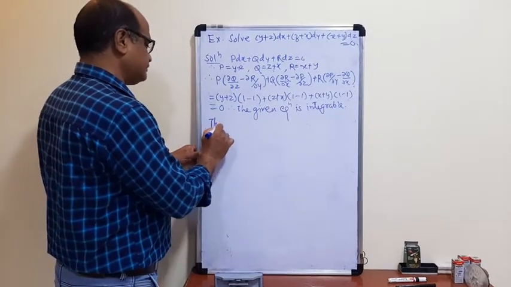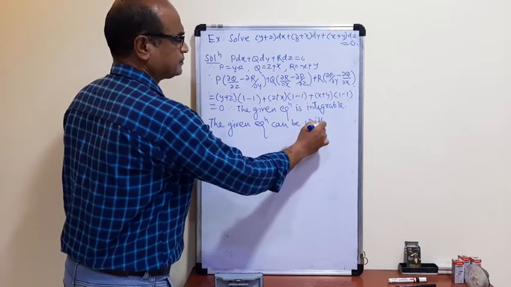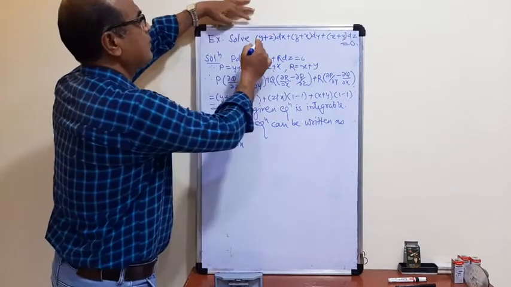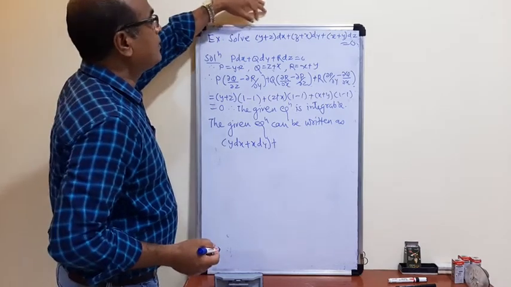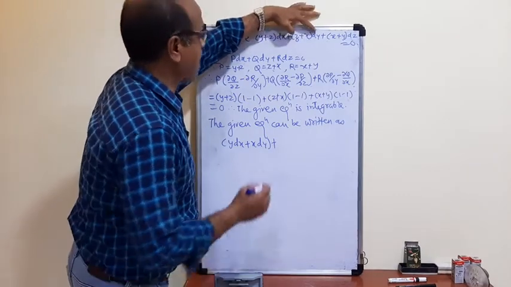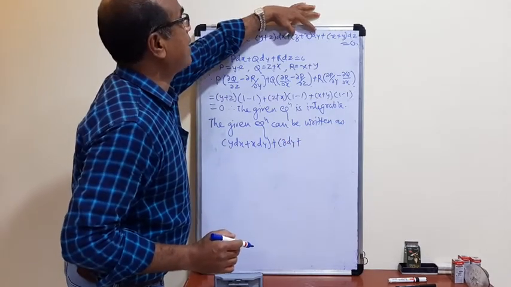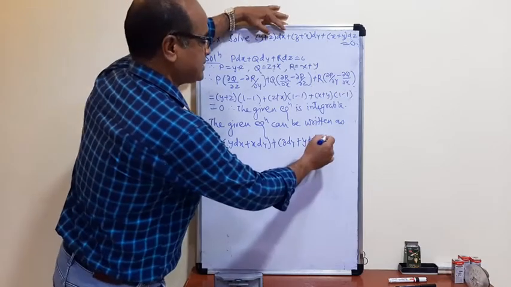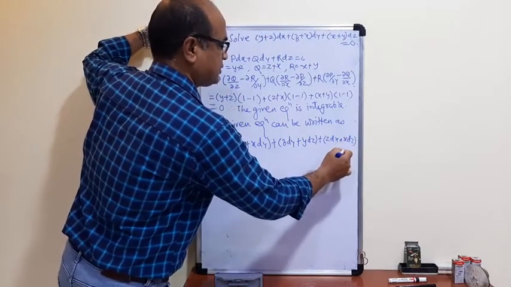The given equation can be written as (y dx plus x dy) plus (z dy plus y dz) plus (z dx plus x dz) is equal to 0.